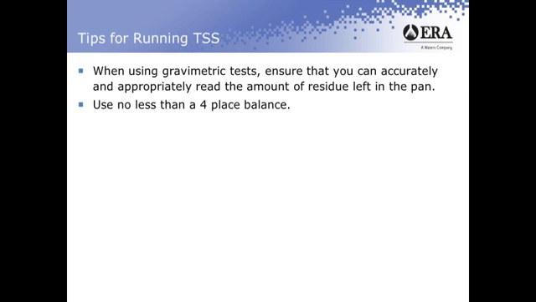Depending on how much sample you get, I would recommend using as much sample as possible. The more mass you have on your balance, the easier it's going to be to measure. For accuracy, use no less than a 4-place balance. 2-place or 3-place balances may not give you enough resolution to accurately measure the amount of residue.